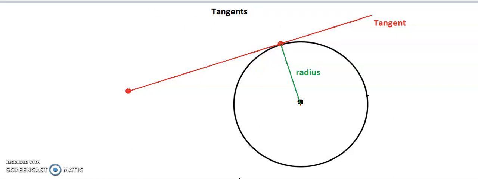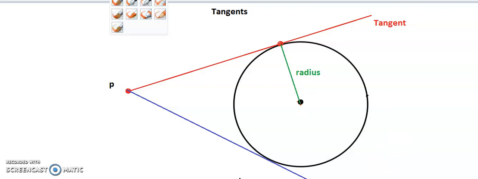Now, I can also use that same point over here that I'm just going to label as P. So I'll label this as P, and I can create another tangent line. So again, I'm going to create another tangent line on the other part of my circle. Again, it is touching at one spot, so it's a tangent line.